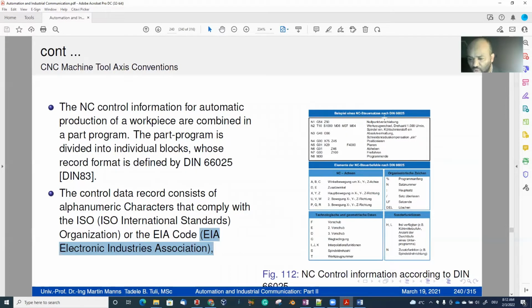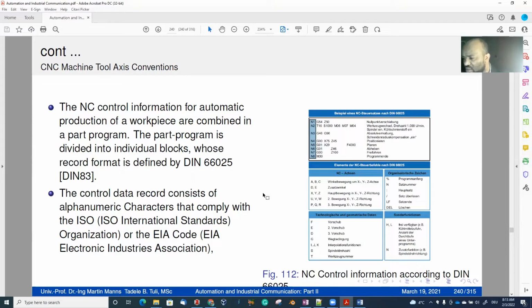So according to DIN 66025, there are block numbers which describe the sequence of operation, termed N here. Or there is a machine command, which is described by 3 variables.